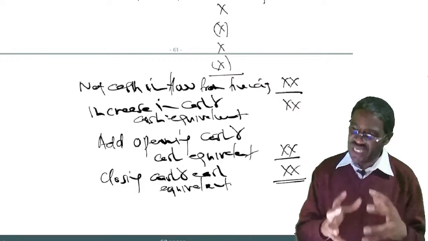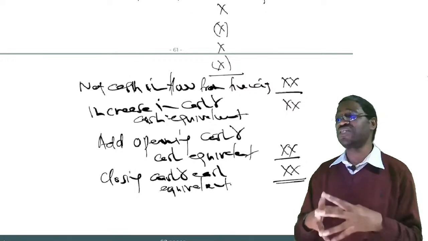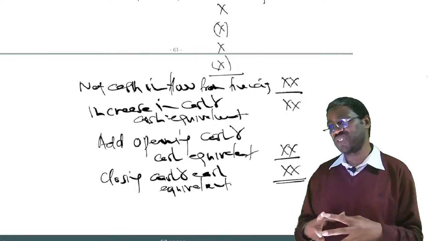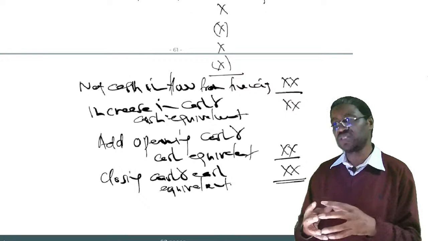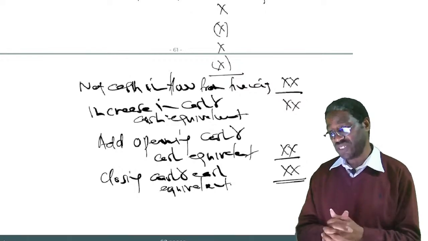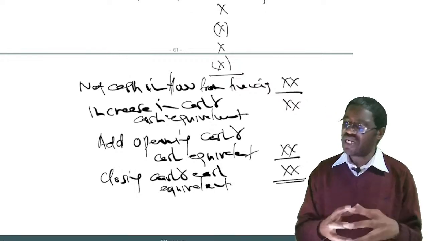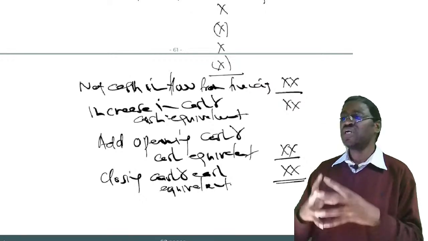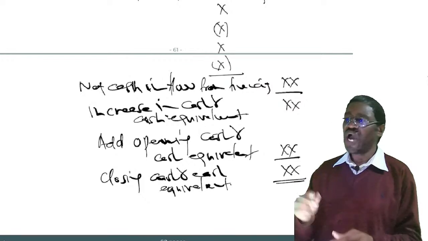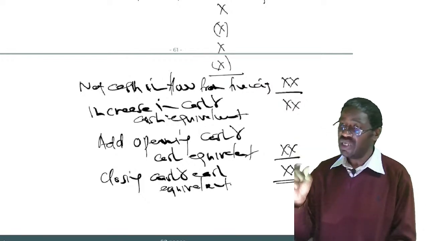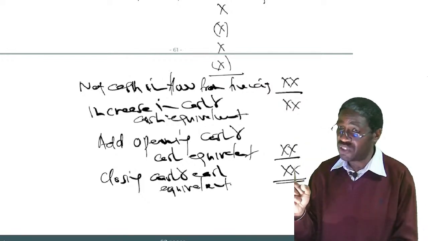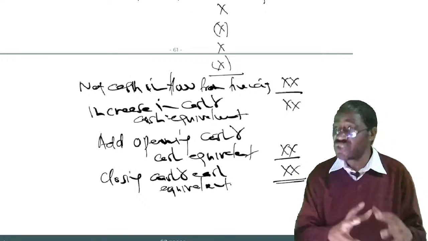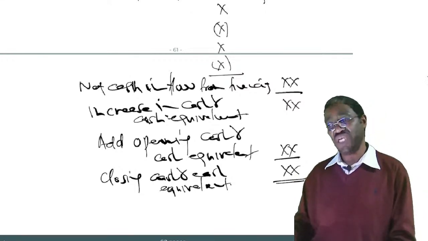Then you add the opening cash and cash equivalent, and you get the closing cash and cash equivalent. Listen, that closing balance that you are getting down there should be the same as the closing balance in your balance sheet by the end of this year. That's why we are calling it closing cash and cash equivalent.